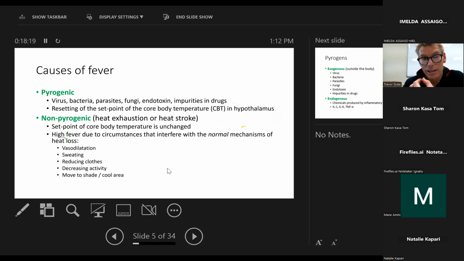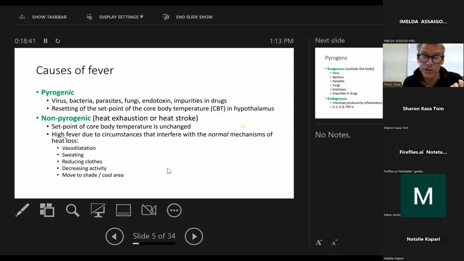Pyrogens are most commonly external, and they're any virus or bacteria or parasites or fungi or infectious disease or endotoxin, which is just a part of an infectious disease, or even impurities in some drugs. They can all act as pyrogens.